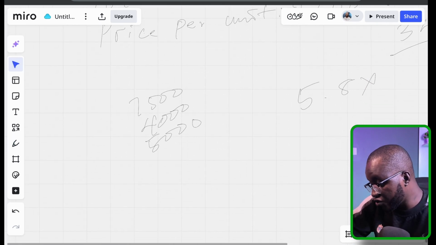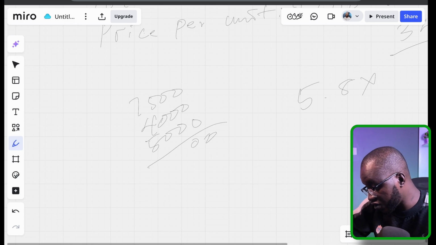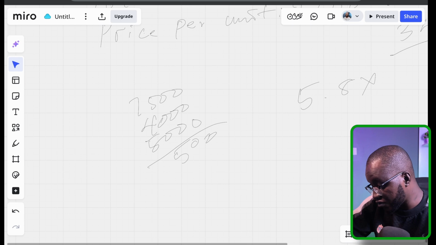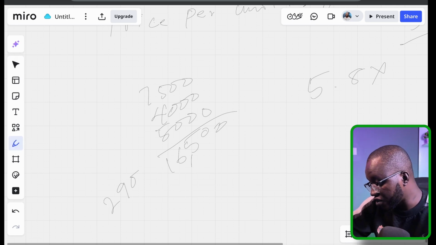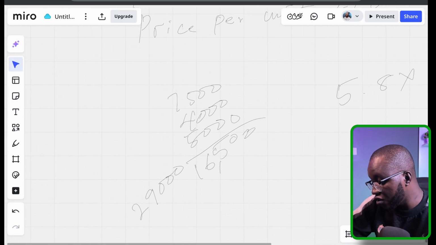So in total, how much is this? It means that our total landing cost, delivery, and ad cost is 16,500, while we are selling the product for 29,000, right?